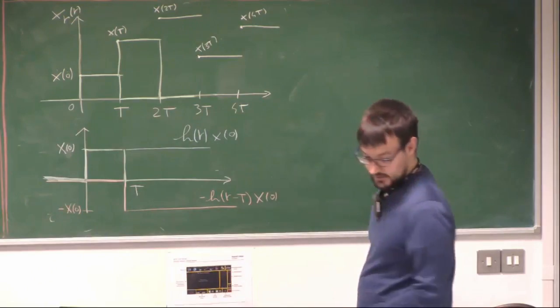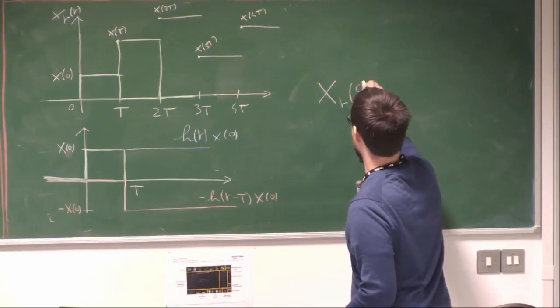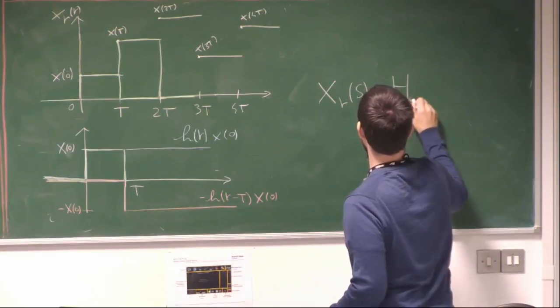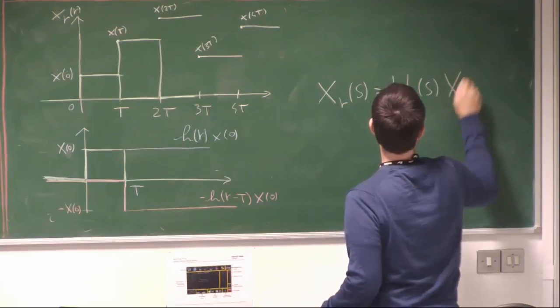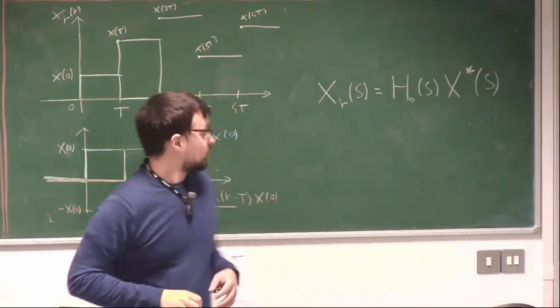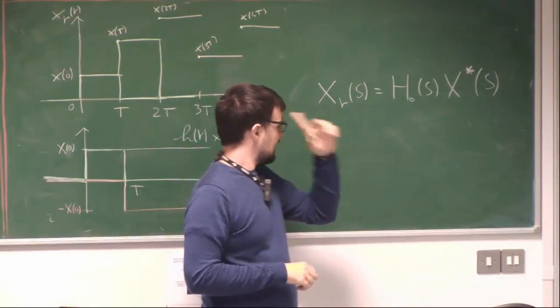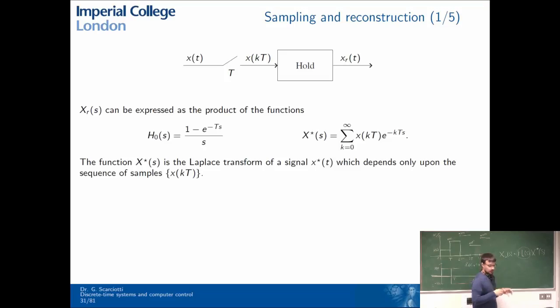Okay? So to write this in a clear way, the Laplace transform of the reconstructed signal is equal to h0 of s times x star of s. So we have written it as the product of two terms.